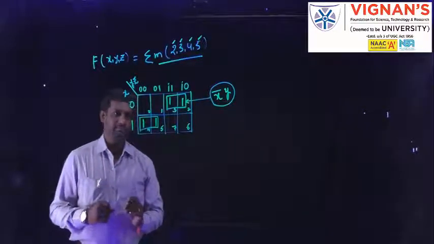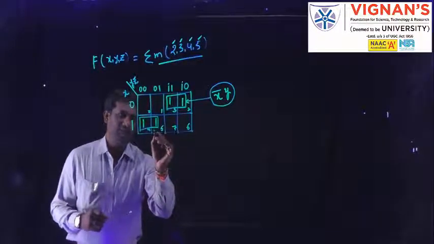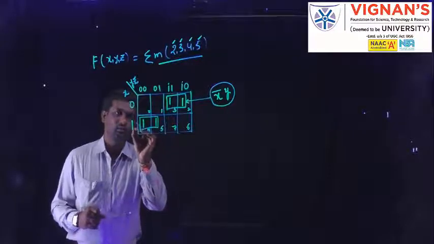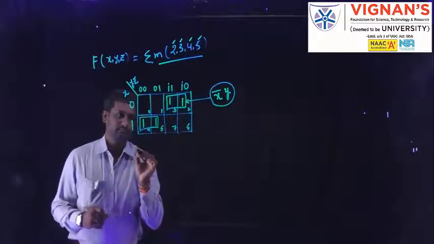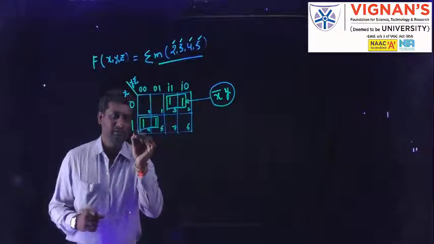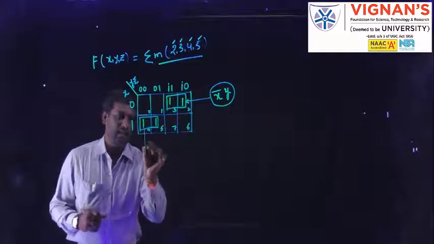After grouping, the simplified expression is, from column wise, the common variable is x, because the column value is 1, so it is a direct variable.